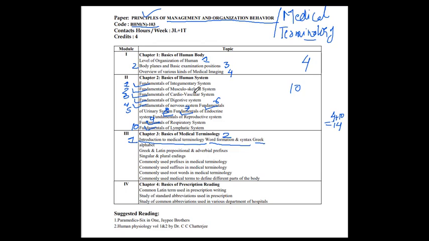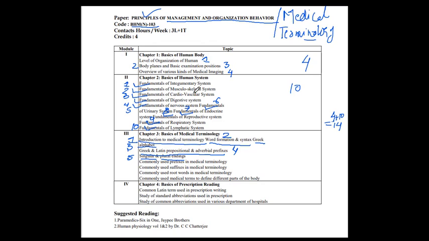Some Greek alphabets are used in the world of medical science, so that is the third one. Greek and Latin prepositional and adverbial prefixes, that is the fourth one. Singular and plural endings, this is the fifth one.